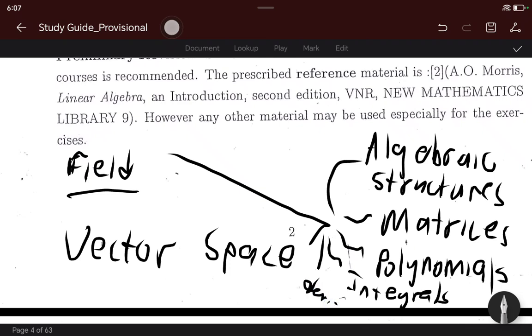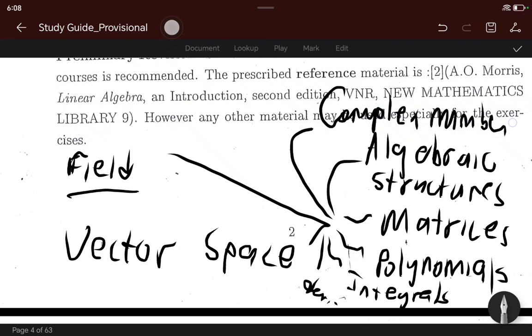So such things can be used to determine a vector space, or in general we look at a field, or just a definition. We can also look at complex numbers, right?